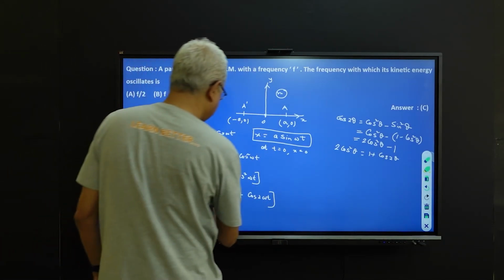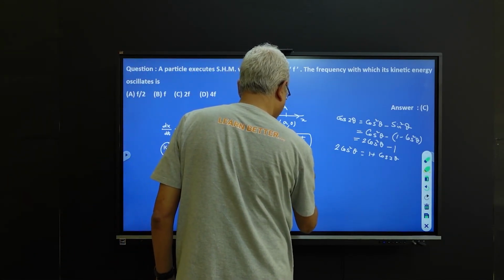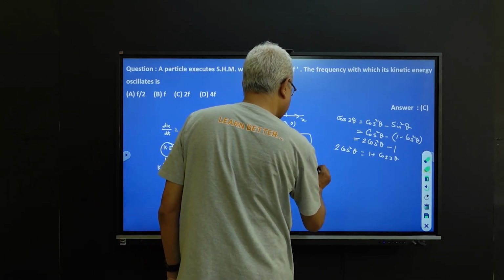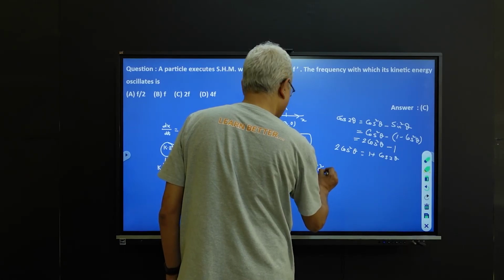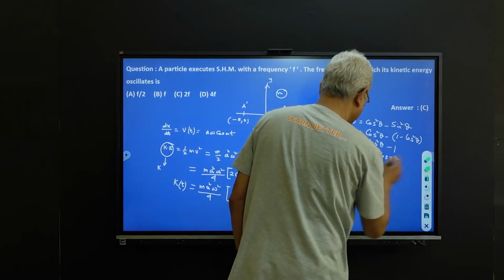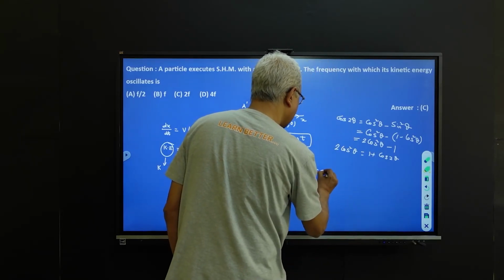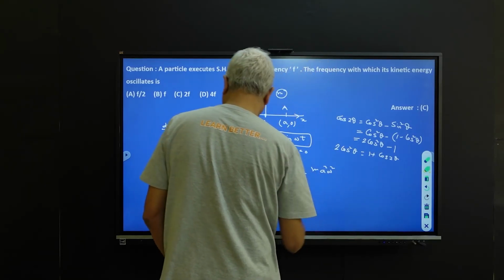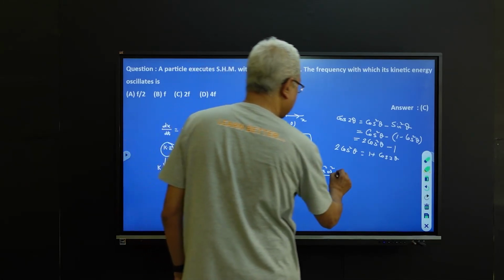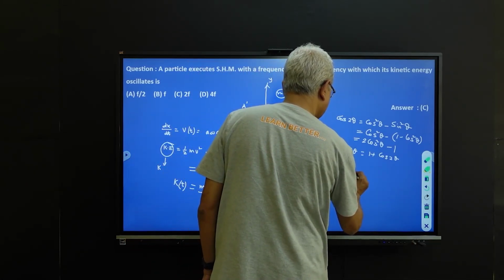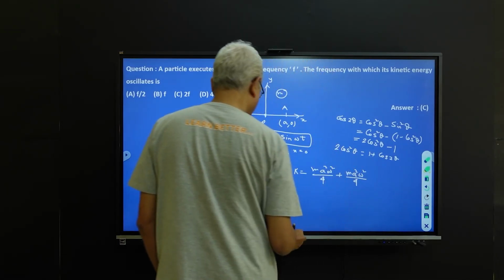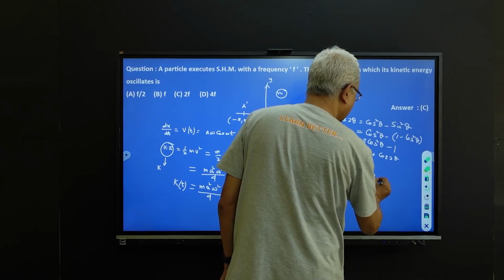And k has a constant term, m a square omega square by 4, plus m a square omega square by 4 cos 2 omega t.